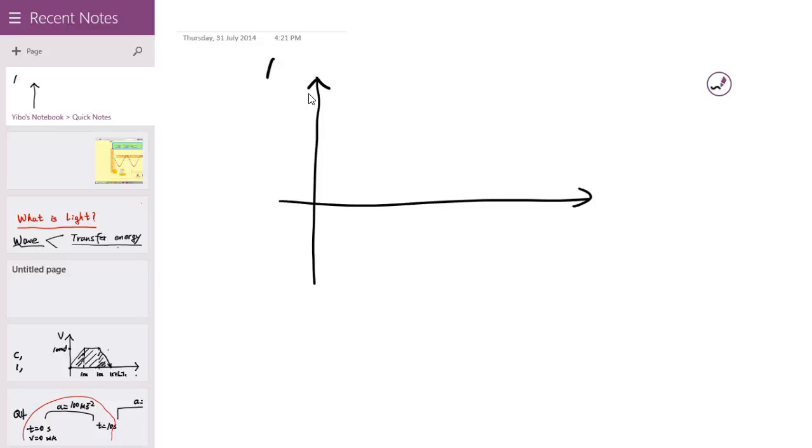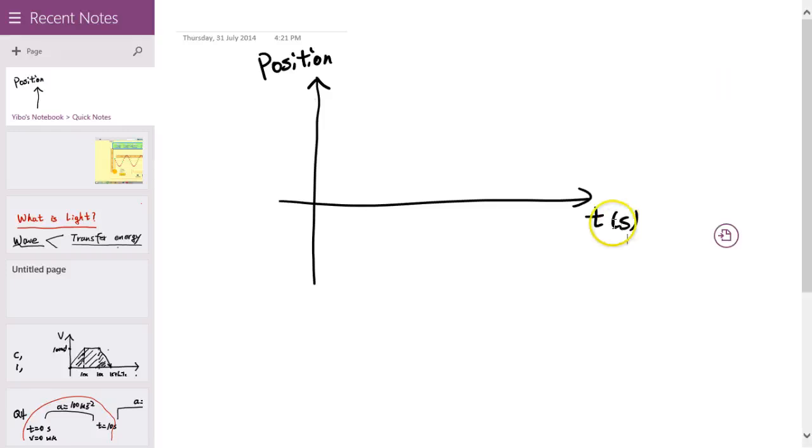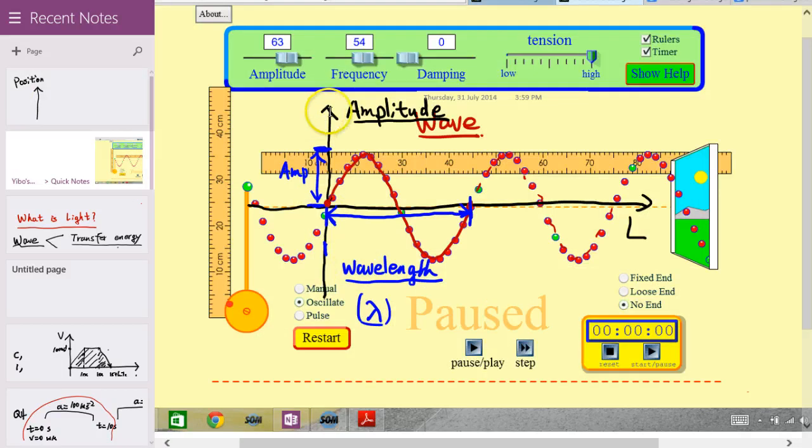The position of that green particle versus time in seconds. Now, just compare with the wave we drew. The graph we drew before is amplitude, measured in centimeters, compared with the length of the actual wave, which is the wavelength, measured in centimeters again.